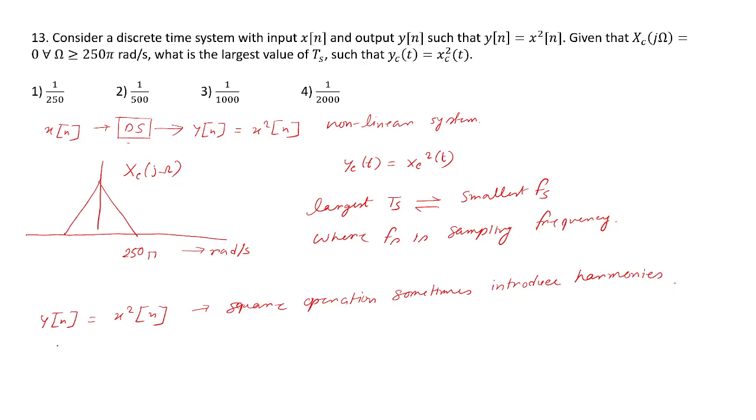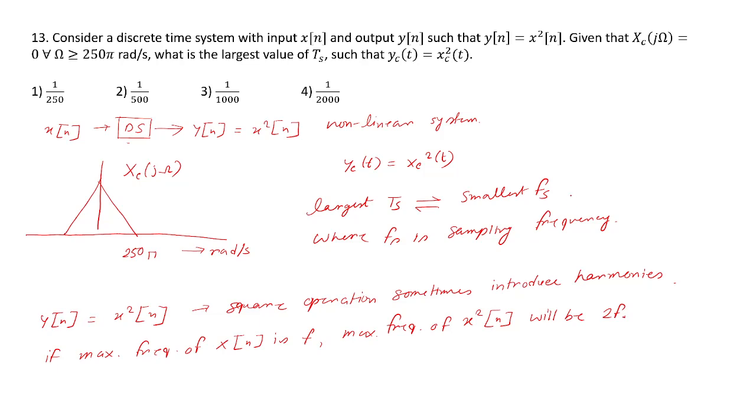That means if the maximum frequency of xn is f max, the maximum frequency of x square n will be 2f at certain times.